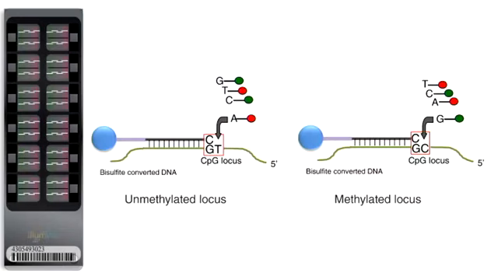When the DNA from the different cells of the sample is fragmented, it is then bisulfite converted, meaning that any unmethylated sites will be converted to uracil, which is read as thymine, and the methylated ones will be retained as a cytosine. Then they'll bind to the probe, and when a single base extension happens, it'll send off a color signal. Red indicates that the site is unmethylated, and green indicates that the site is methylated.